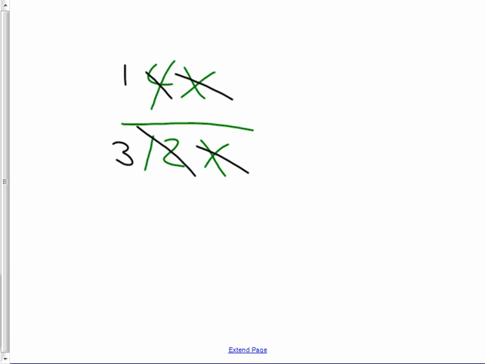Now one thing that's important to note about canceling is that technically, when you are canceling, what you are doing is saying that x over x is equal to 1. So when you're canceling, the thing is not disappearing, it's turning into a 1. That's important because what if everything on top cancels?